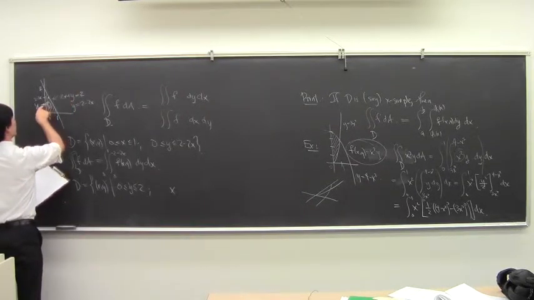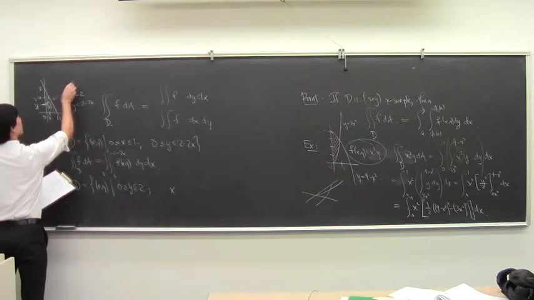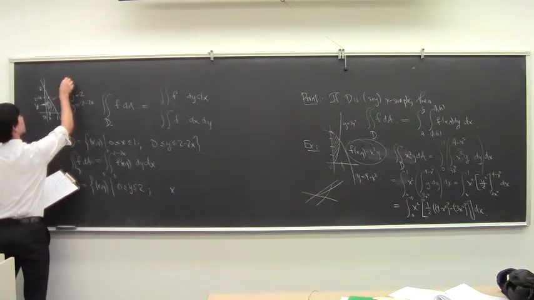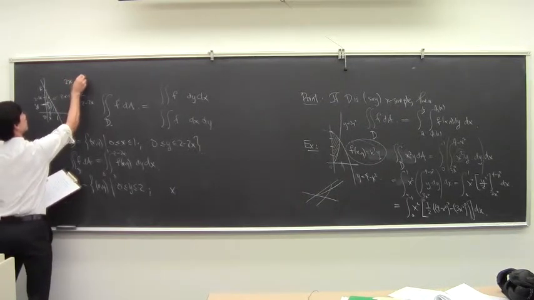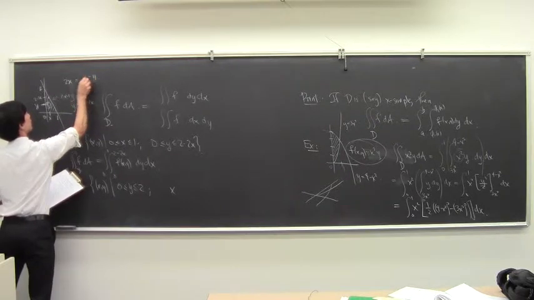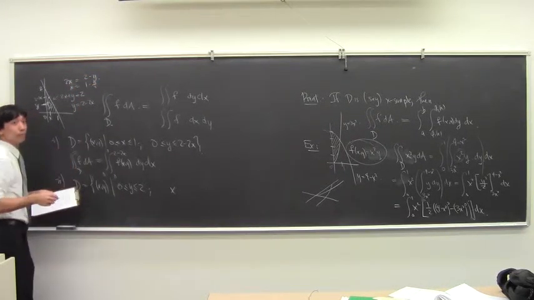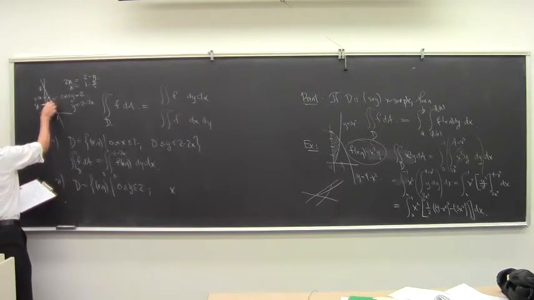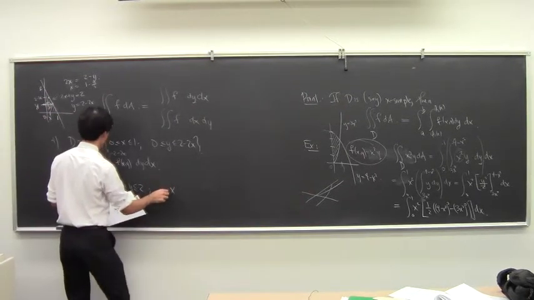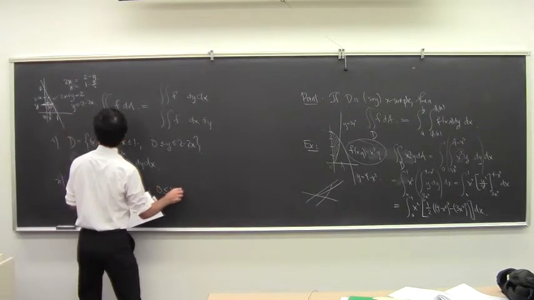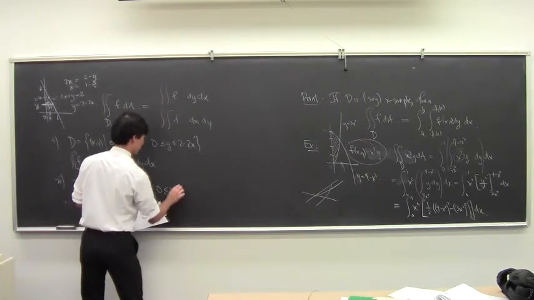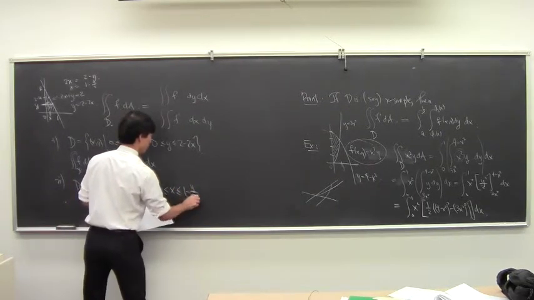If we know the y, we're trying to figure out the x. So 2x is 2 minus y, so x is going to be 1 minus y over 2. Yeah. And the x's range from 0 to that number, 1 minus half of y.